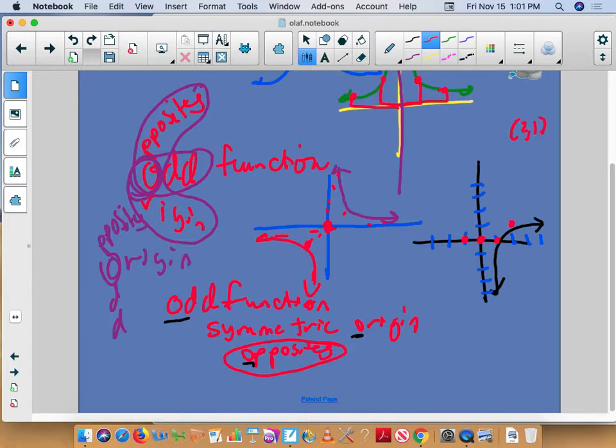What's its complete opposite? (Negative 2, negative 1). This point might be (3, 1.5). Its complete opposite is (negative 3, negative 1.5). Do you see I'm taking all the opposites?